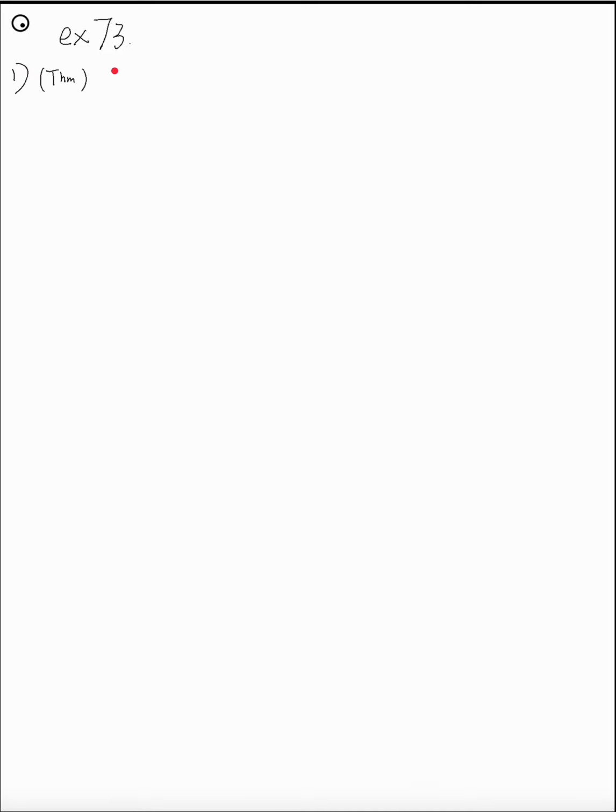It's a theorem. Let M1, M2, ..., Mk, N all be R modules.